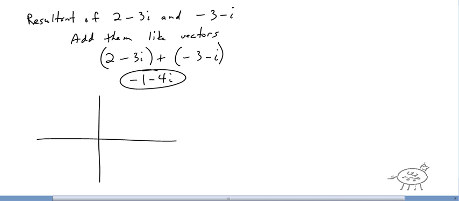If I make a quick sketch of that, we have 2 minus 3i. I'm going to change the color here so you can see a little easier. It's 2 and then minus 3i, so our vector is down here. Then negative 3 minus i is here.